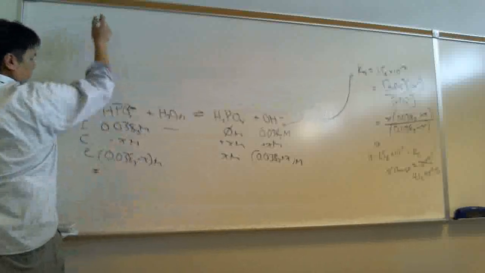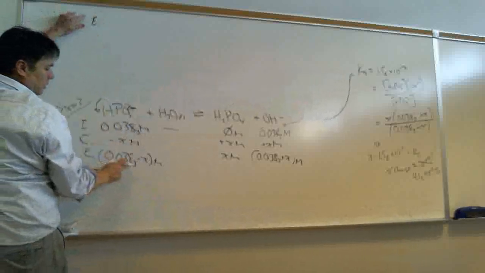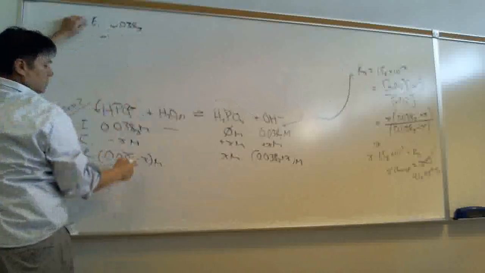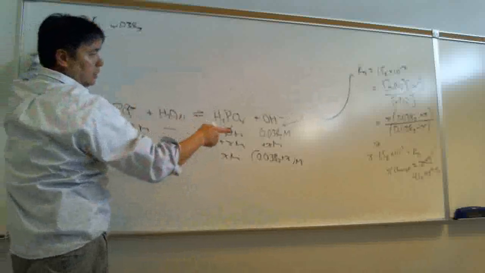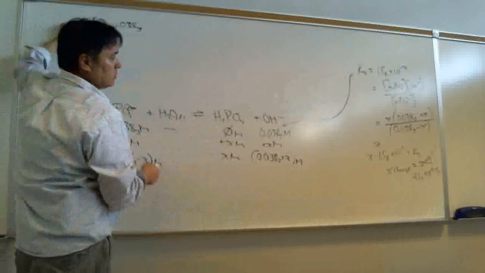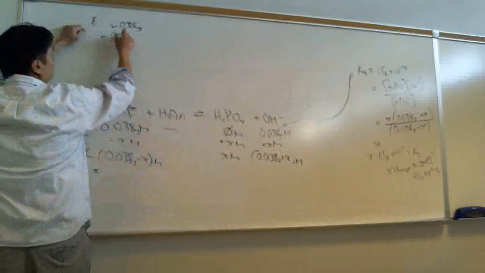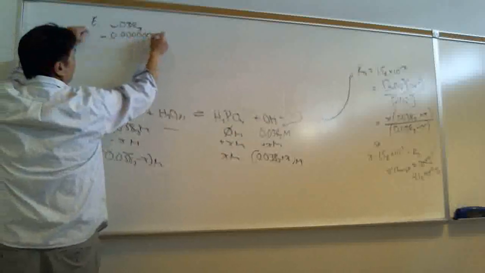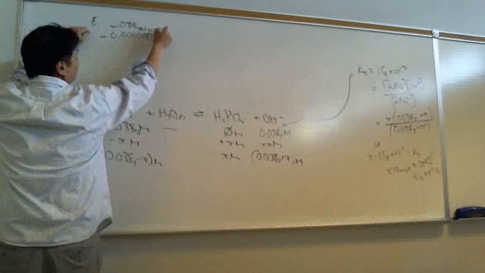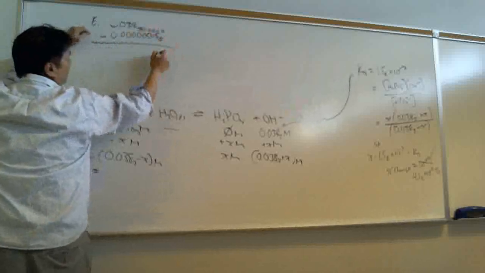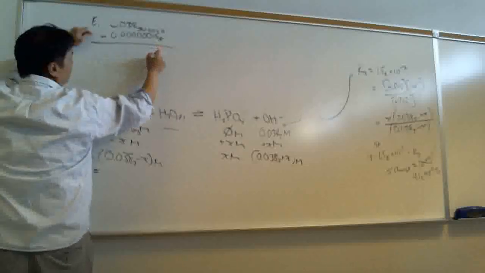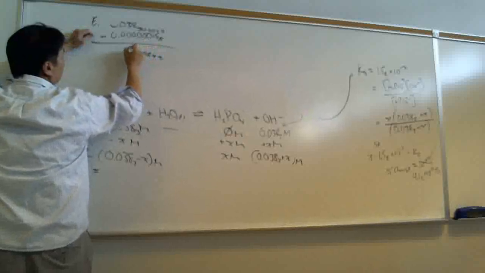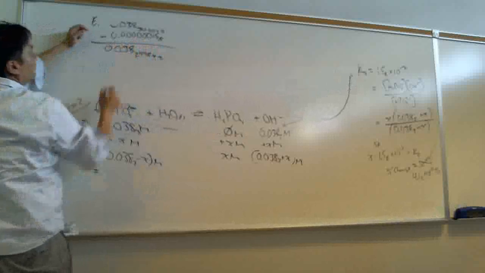So the equilibrium calculation would be 0.0383 minus x. X, I need 6 zeros and 158. 1, 2, 3, 4, 5, 6, 1, 5, 8. I need to add some extra zeros here. It's going to give me 2, 4, 8, 9, 9, 2, 8, 3, 0, 0.